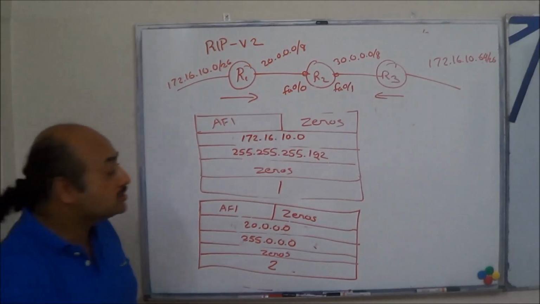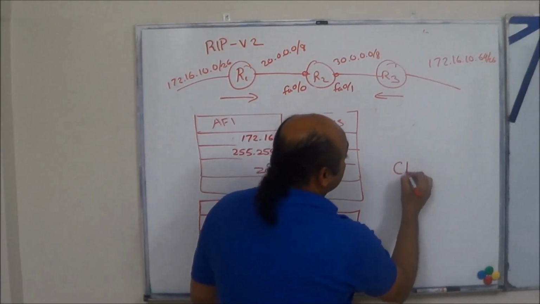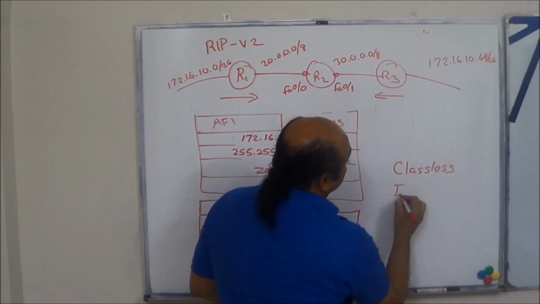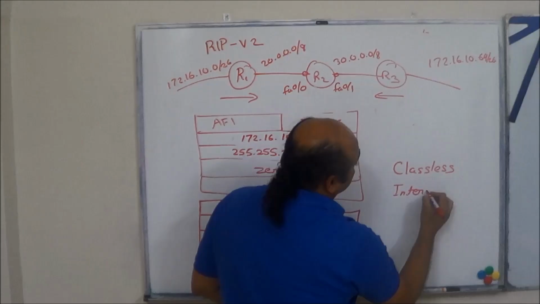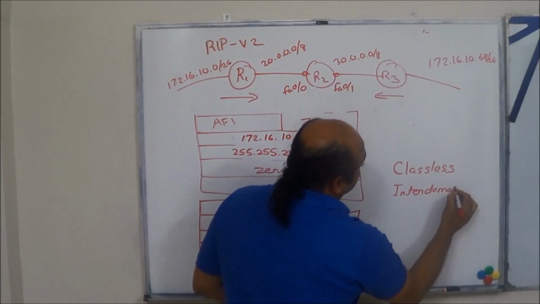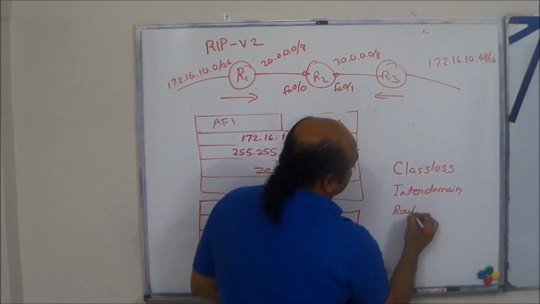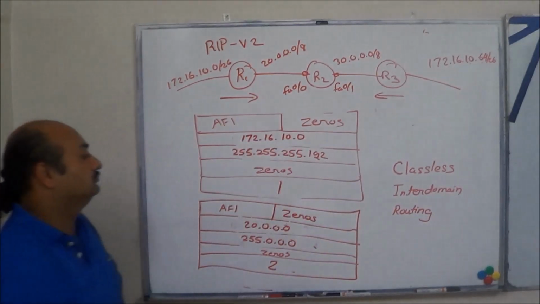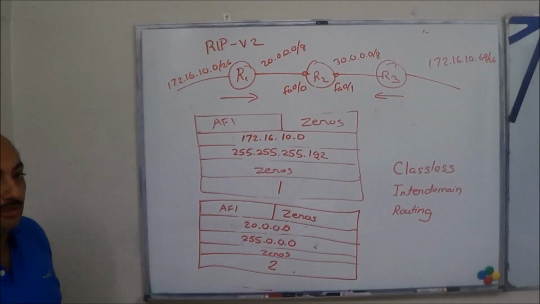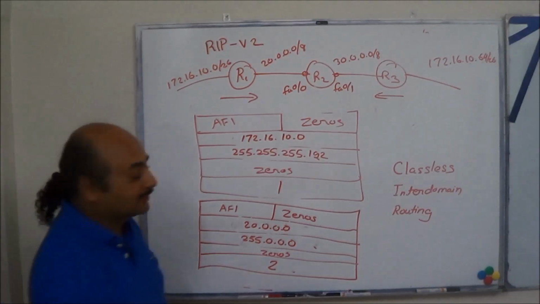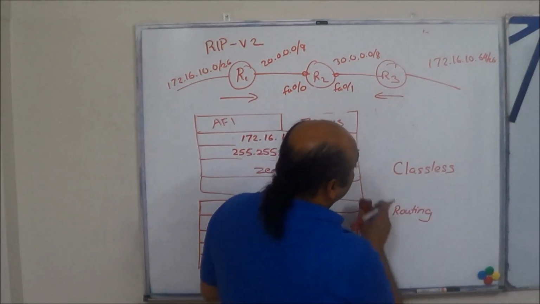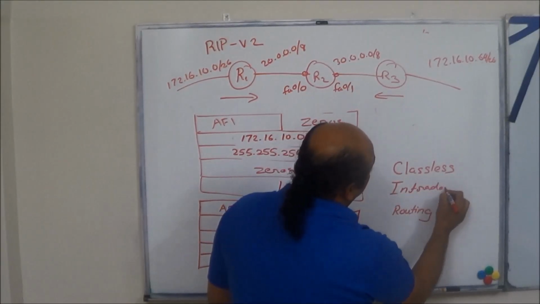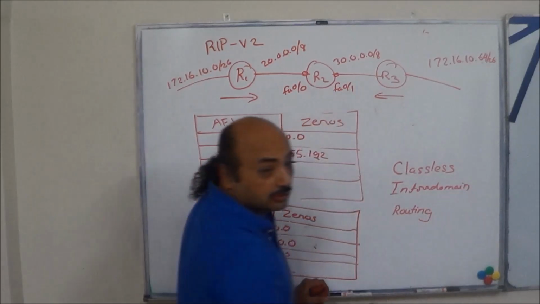So this property is known as classless. Inter-domain? Intra-domain? Again, we have to check this word, whether what exactly it is.